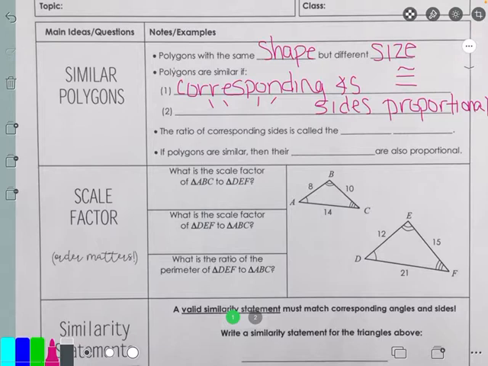Not something new to us. Scale factor is a ratio of corresponding sides. And just like a little tidbit, if polygons are similar, we also know that their perimeters are proportional.